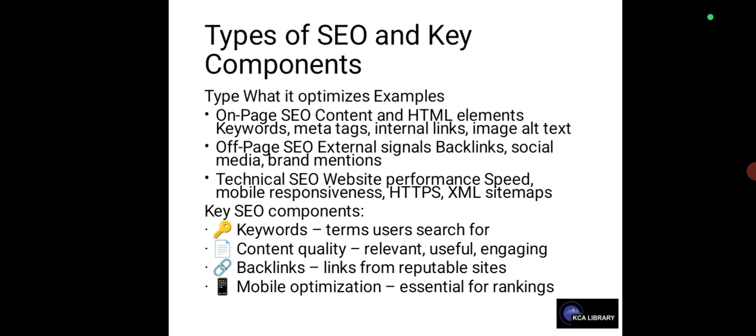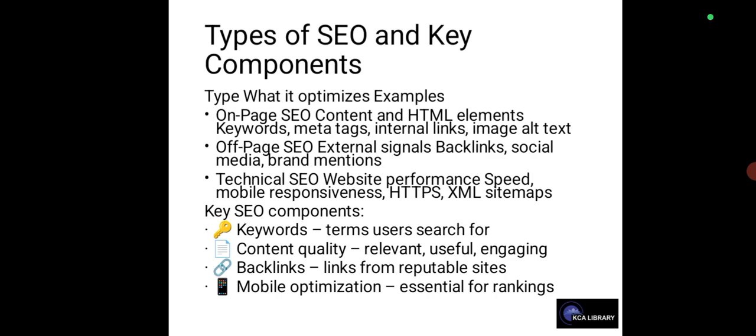Okay, on page SEO contains content and HTML elements, keywords, meta tags, and internal links. An example is image alt text. Okay. Then off page SEO contains external signals, backlinks. Okay. Examples include social media and brand mentions.